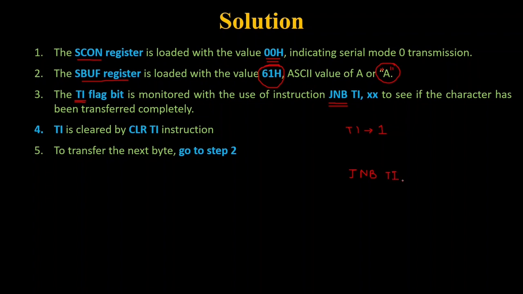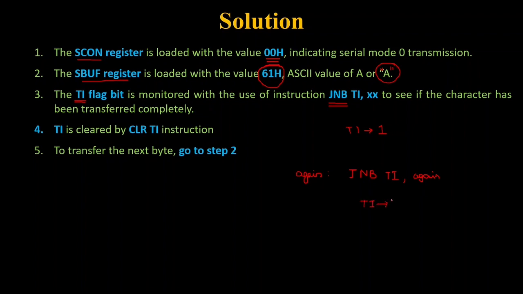After that, you can give any address value. I am giving an address value again. So what is it trying to convey? I can put it again here. Why? Because it is going to jump again and again inside this loop itself till it identifies TI equal to 1.